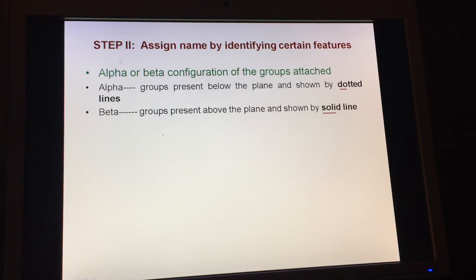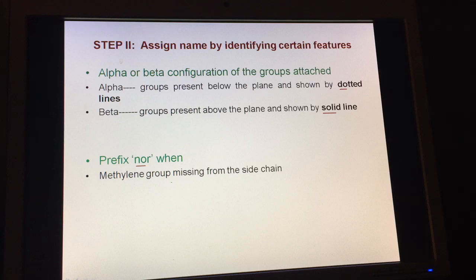Another term that we use is NOR. We prefix NOR under 3 conditions. Condition number 1 is when the methylene group is missing from the side chain. We have seen the structures of steroids having carbons greater than C19, such as C20 pregnane and then cholesterol.